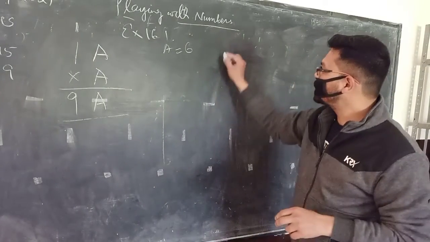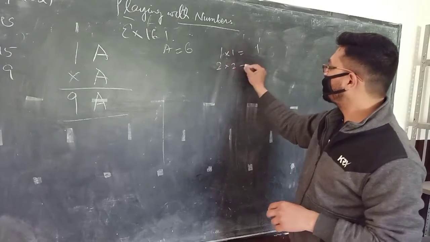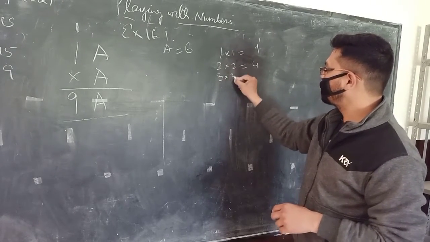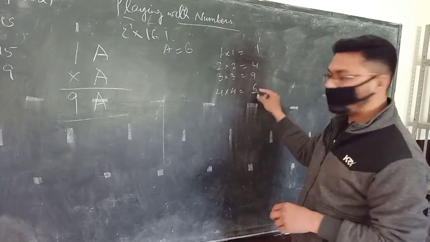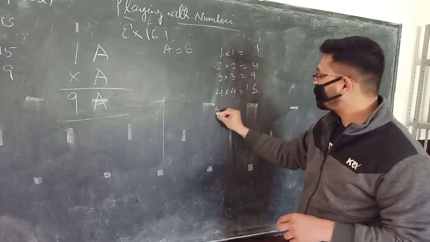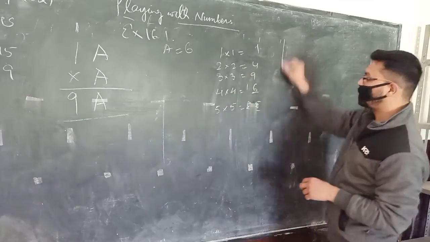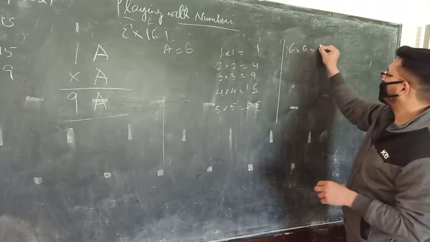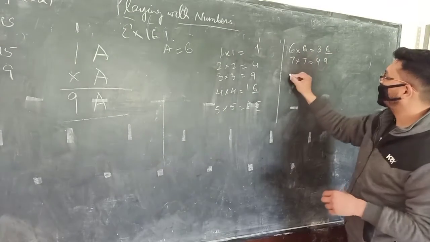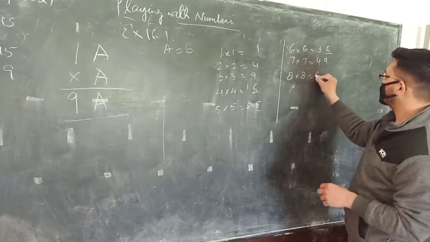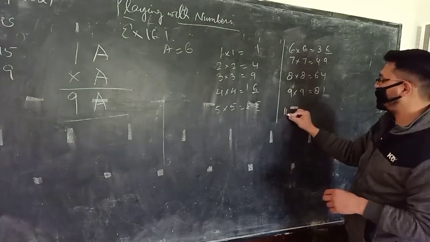The reason behind is 1 1s are 1, 2 2s are 4, 3 3s are 9, 4 4s are 16. But I just take the unit digit here, right? 5 5s are 25, 6 6s are 36, 7 7s are 49, 8 8s are 64, 9 9s are 81, and 10 10s are 100, right?